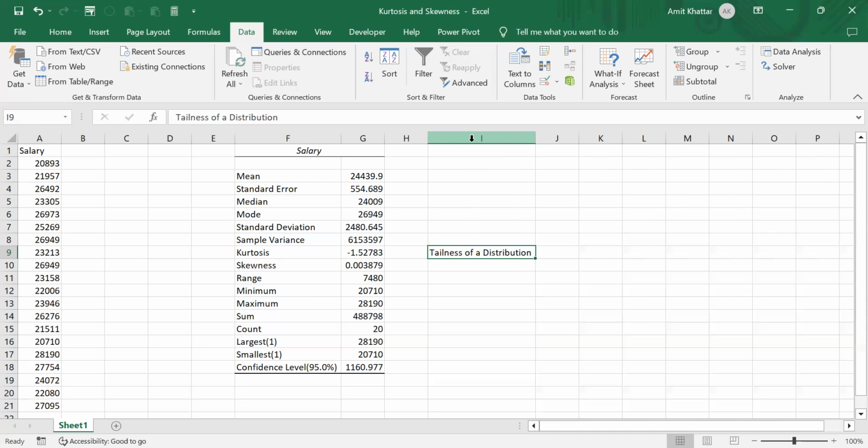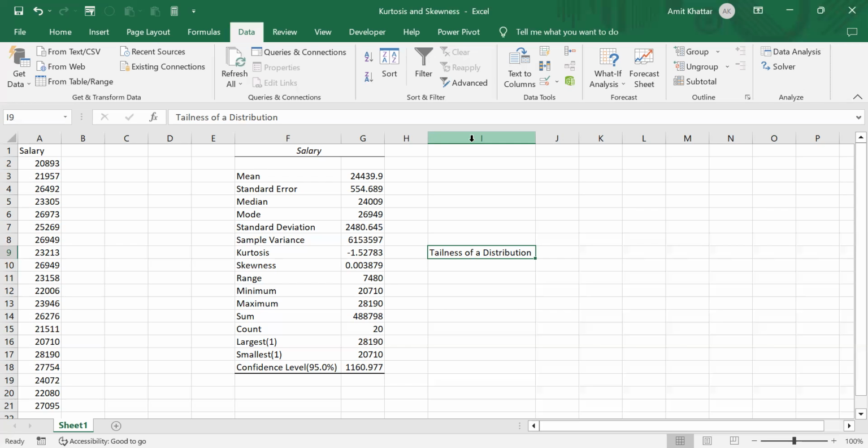It's an extreme value, but it's a plausible value. So kurtosis is measuring the tailedness of the distribution, and tailedness of the distribution comprises the outliers per se. So what this is telling us is that as a tail per se, it's the frequency of values which are extremely high or low as compared to the mean of the data.